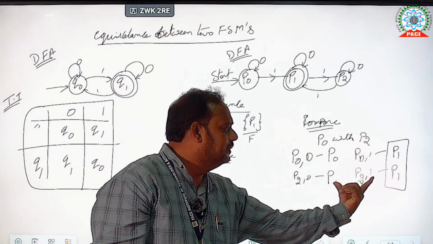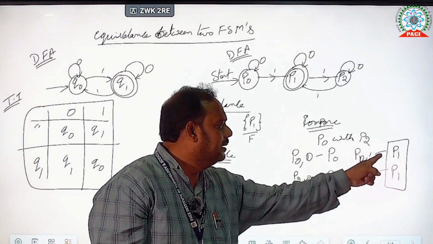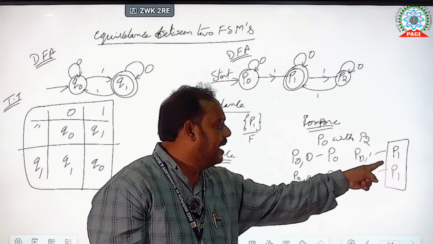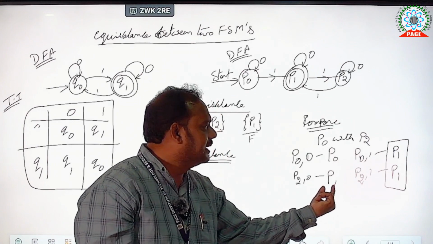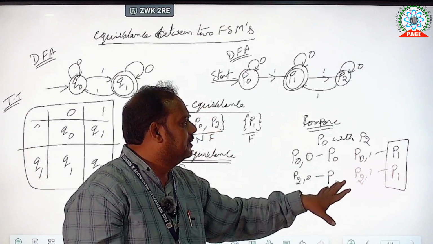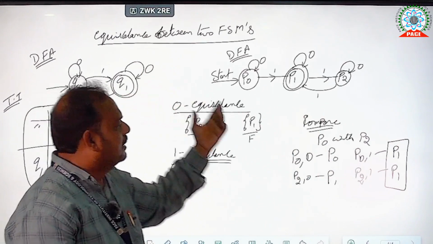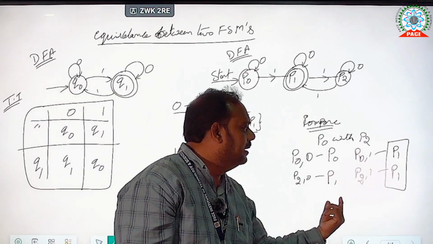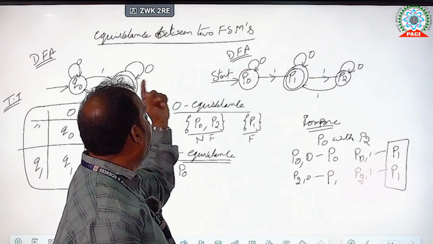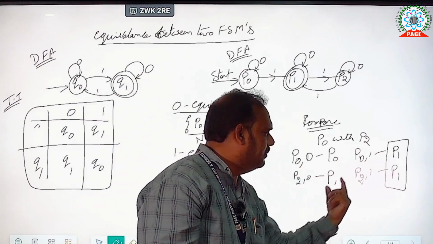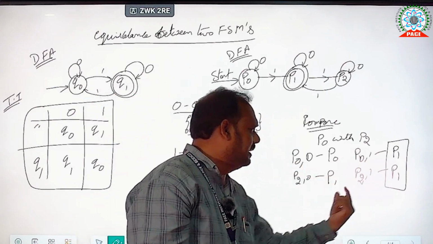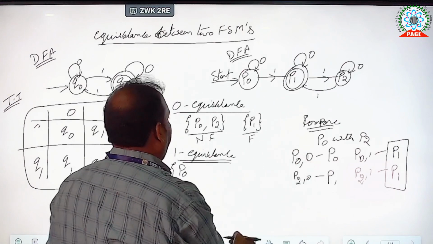So here in the above cases, in the minimization of the finite state machine, two cases are equal. In the minimization equivalence between two states, if they reach the same state, they are taken as equivalent. Next, P0 and P2 are in the same state, and P1 is the final state.